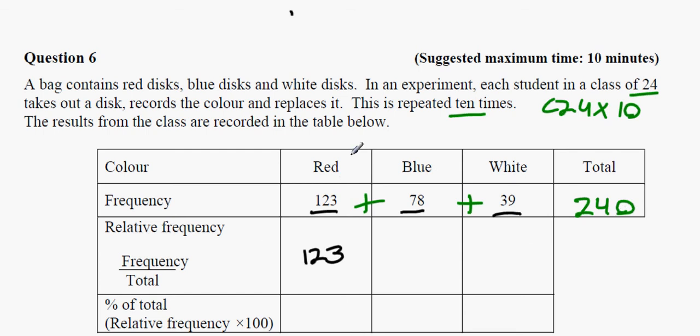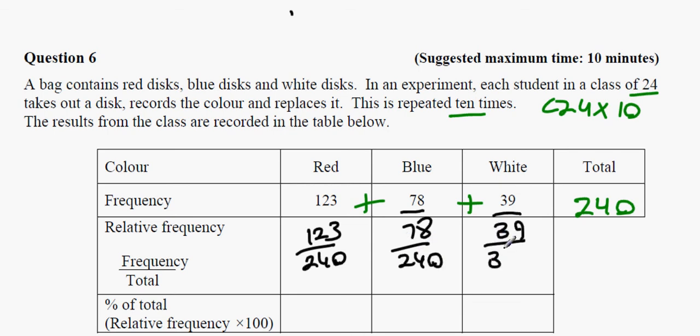So what we've got to do next is get the relative frequency. What you're looking to do is 123 over 240. The next one is 78 over 240. And the next one is 39 over 240. Now check all of them in your calculator. Just make sure they're in the lowest fraction possible. This is 41 out of 80 when you change it.